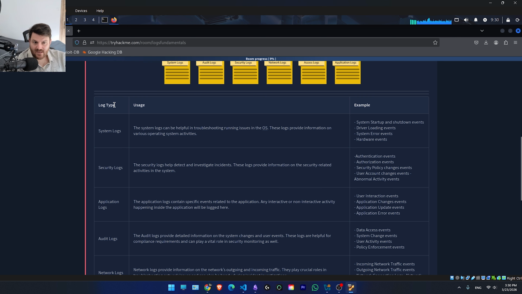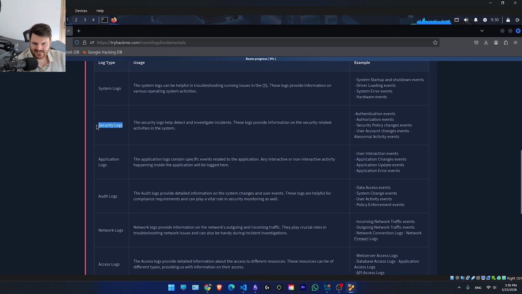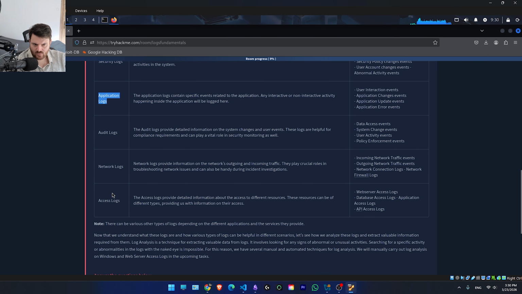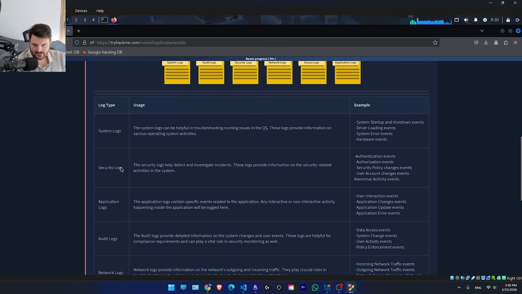Now, for the types of logs, the categories that we have are: system logs, security logs, application logs, audit logs, network logs, and access logs. The system logs can be helpful in troubleshooting running issues on the OS. These logs provide information on various operating system activities.